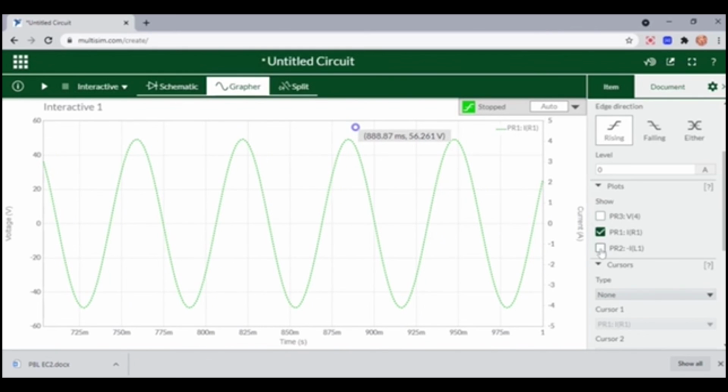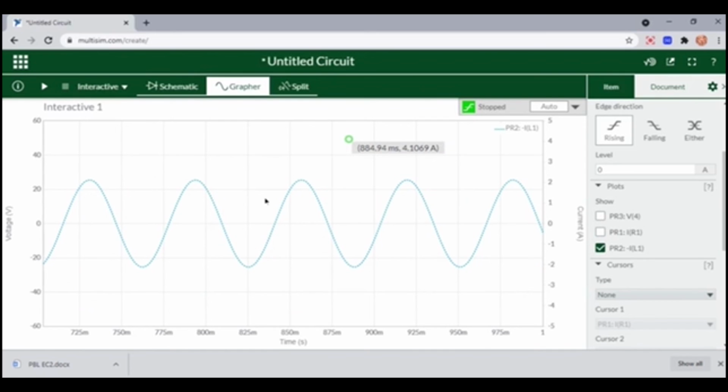Then this is the graph for I1 and I2. So that's all from me. Thank you.